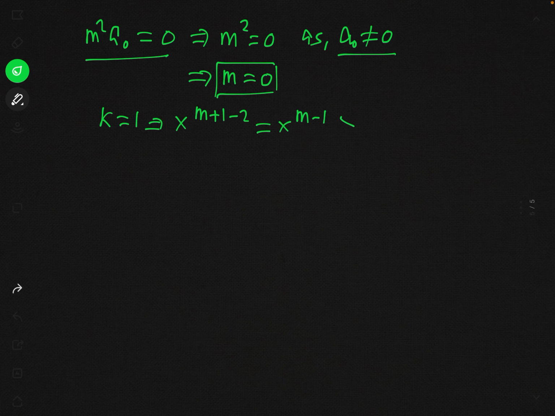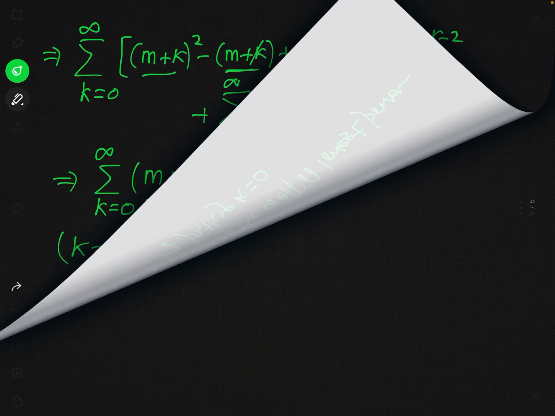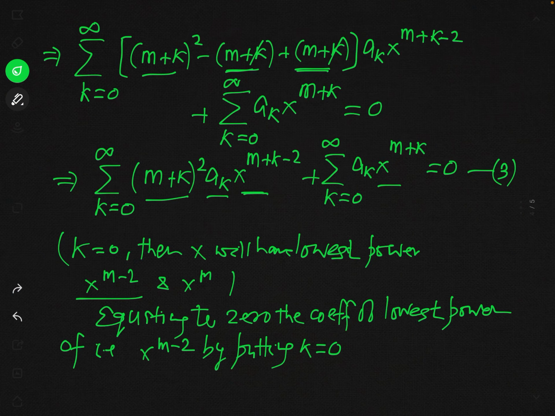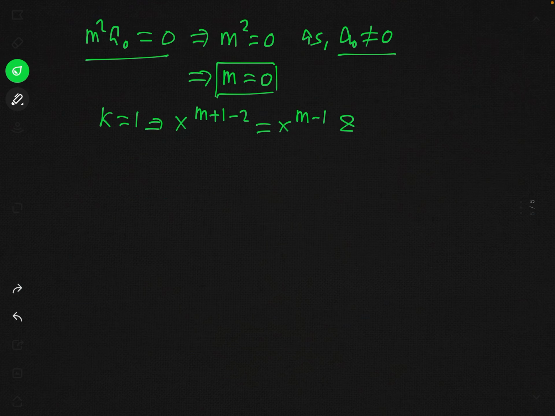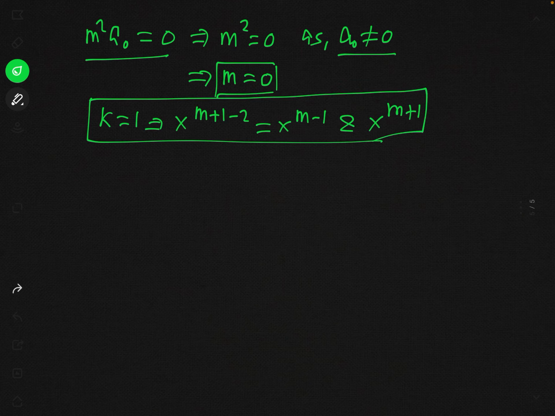And in the second term, when we take k equal to 1, then x will have the power m plus 1. So you can see that the second lowest power of x will be m minus 1, and it will be found when we put k equal to 1, and that is contained only in the first term. So you can see what will be the coefficient of this x to the power m minus 1.